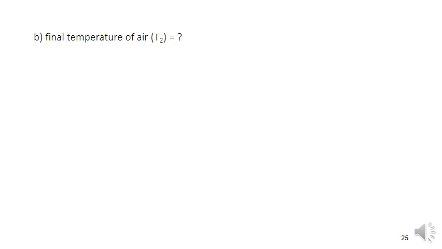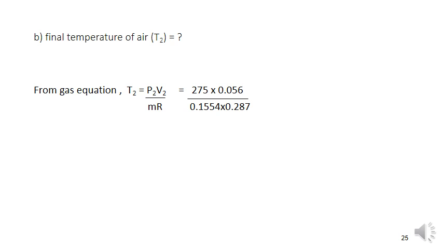Next, the final temperature. In the problem they gave the pressure values, so after finding the polytropic index n value, using the relation between T and P, we can calculate the temperature.